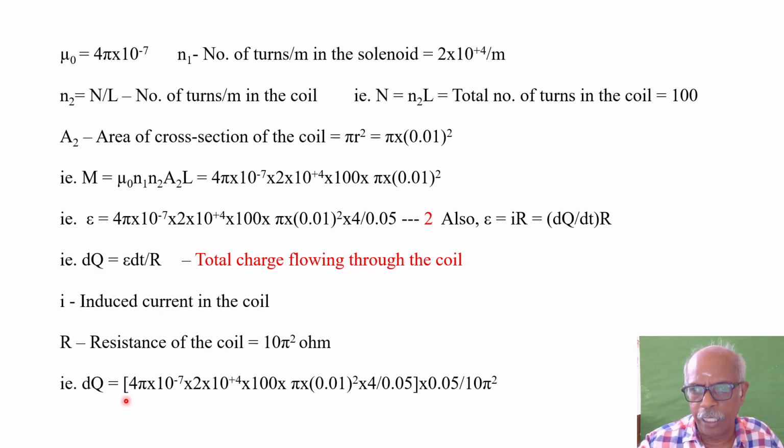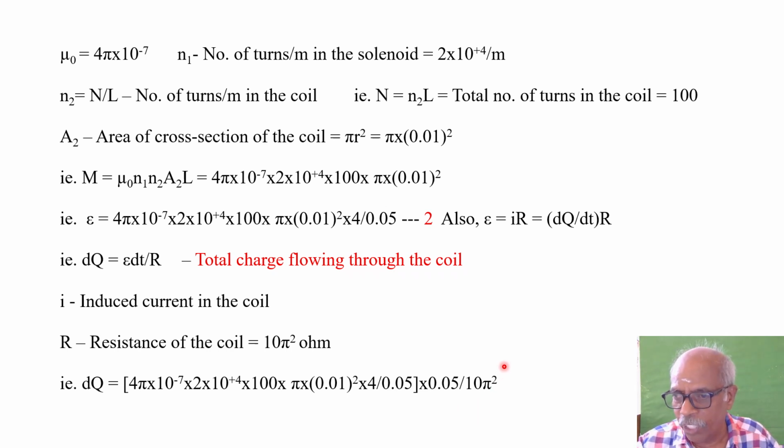What is E? 4 pi into 10 power minus 7, 2 into 10 power plus 4, 100 into pi r squared into 4 divided by 0.04, into dt divided by R. What is dt? 0.05. What is R? 10 pi squared.